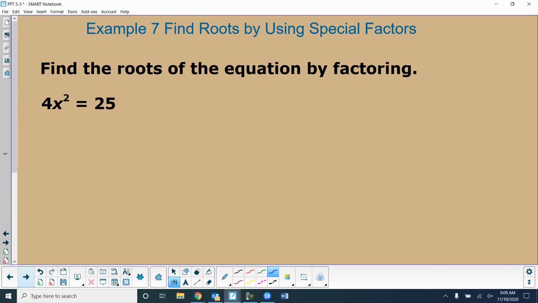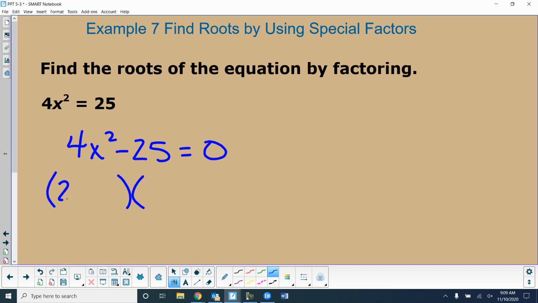All right? So what do I got to do first? No, get it equal to what? 0. Is there a GCF? No. Is it a difference of perfect squares? Yes. What's the square root of 4x squared? 2x. Front of both.